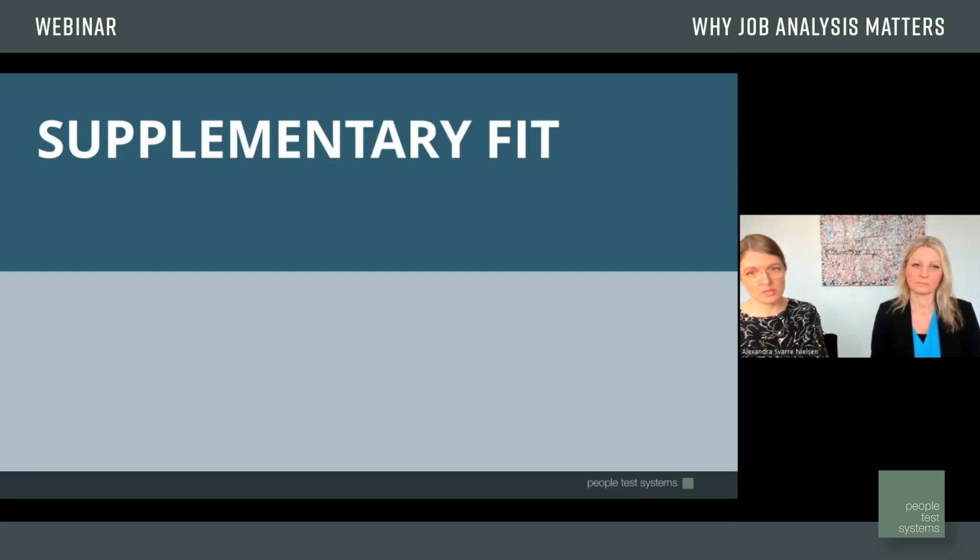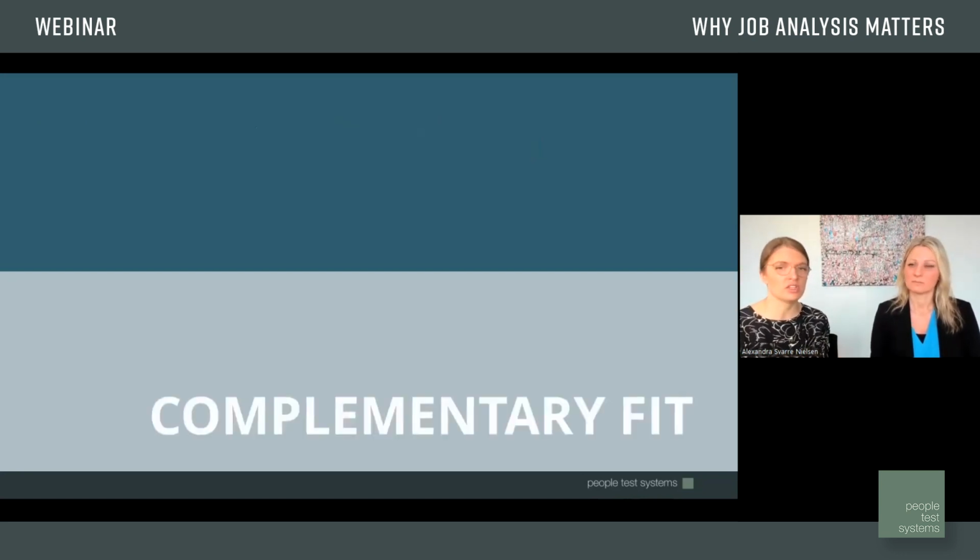And the other concept here is a complementary fit. So this is where we are looking for something else. It can be both academic, it can also be behavioral. So it can be if there is some competencies or some qualifications that we lack in order to meet our customer requirements, for example. But it can also be if we want to make a strategic change in the way that we conduct our work, in the values that the organization have, or stuff like that.